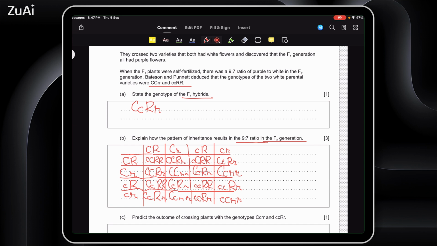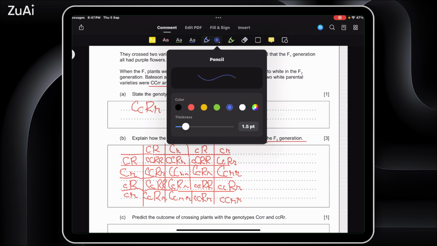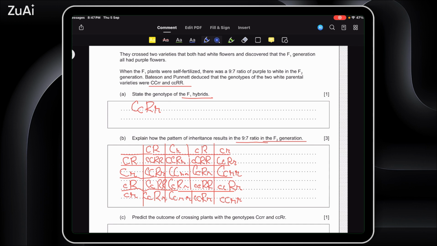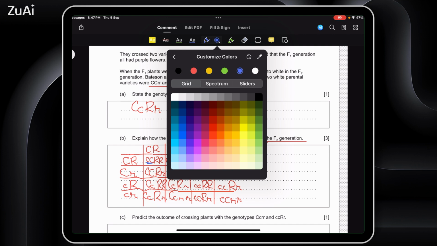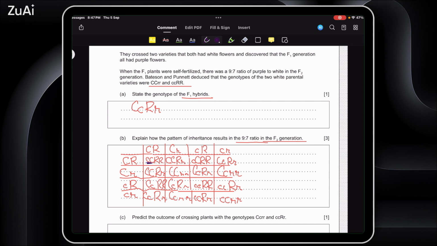So that's the result. So we have purple, purple, purple, purple, purple, purple, purple, purple, purple.